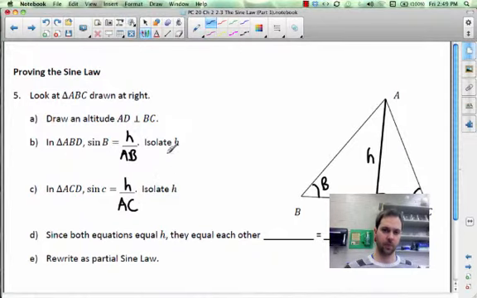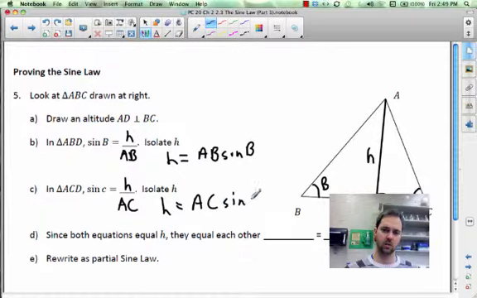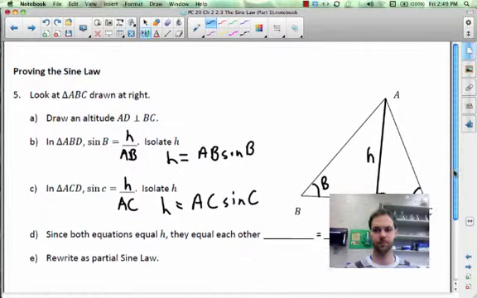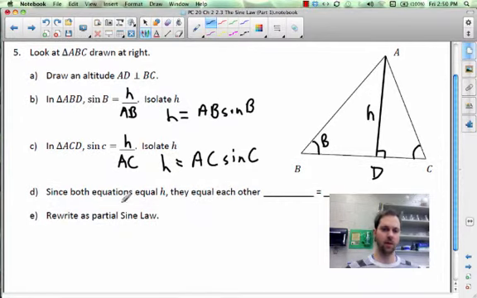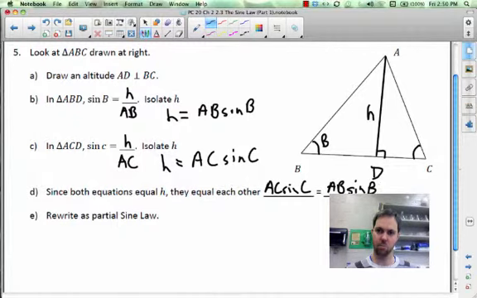Isolate H. Here, H equals AB sine B. Here, H equals AC sine C. That means that since both equations equal H, they equal each other. AC sine C equals AB sine B.